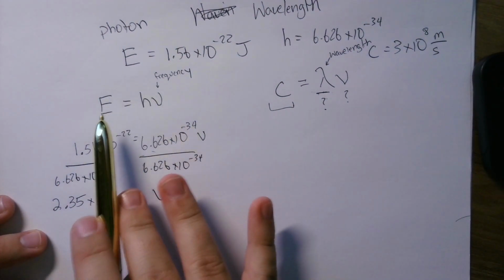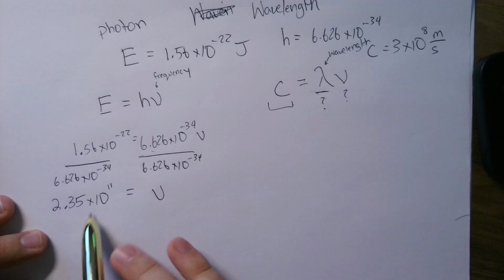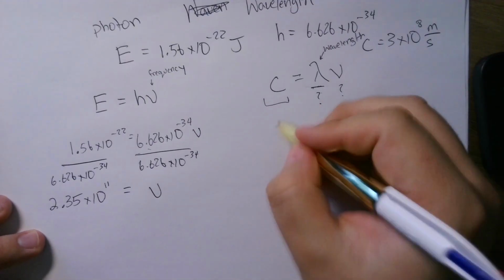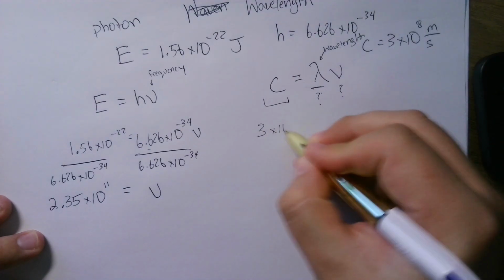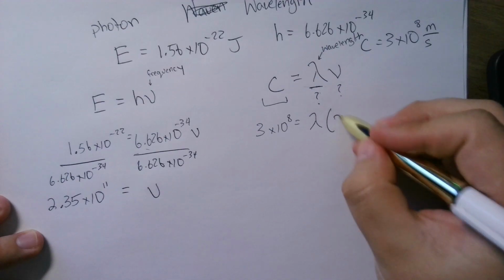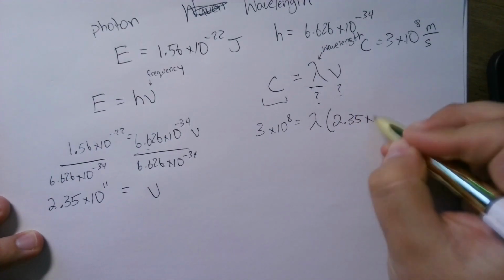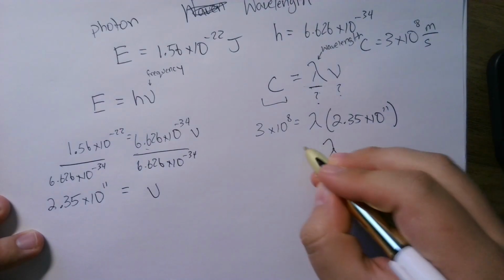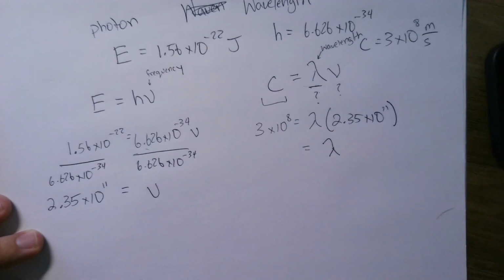I figured that out using this formula. Now, take my frequency, plug it in here. So I know my speed of light is 3 times 10 to the 8th equals wavelength times the frequency I just solved for. Get lambda by itself by dividing both sides by this.